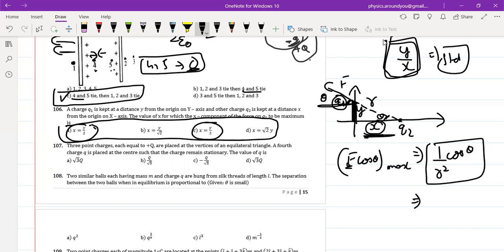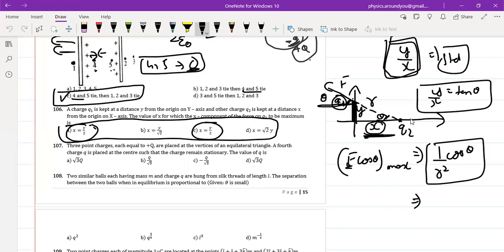How to find it? Well, I know y by x is nothing but tan theta, right? So somehow I need to have tan theta in the expression.